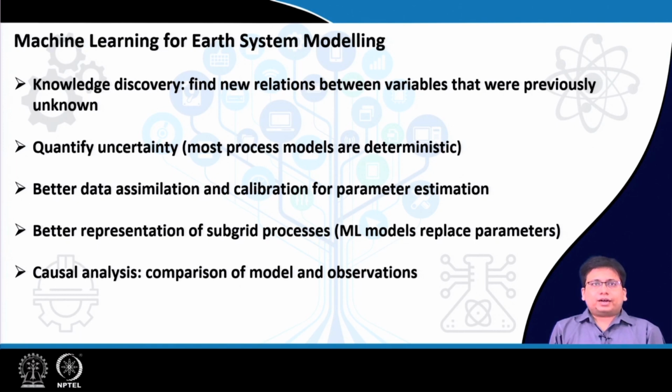Next, better data assimilation and calibration for parameter estimation. Machine learning already provides an elaborate framework for parameter estimation. As I said earlier, most of the parameters of the earth system process models are just expert suggested values, which may have flaws.